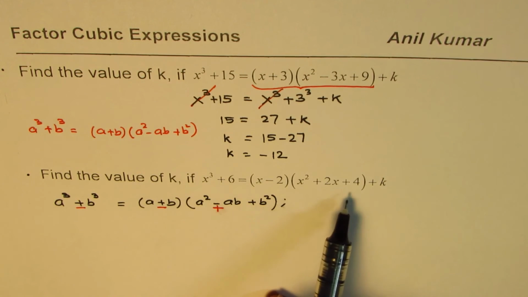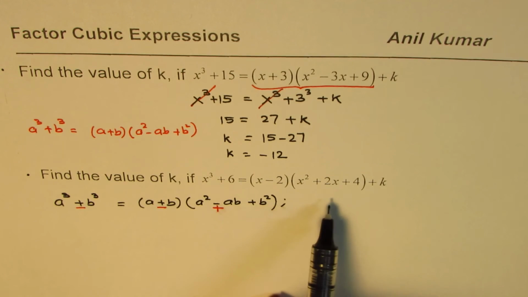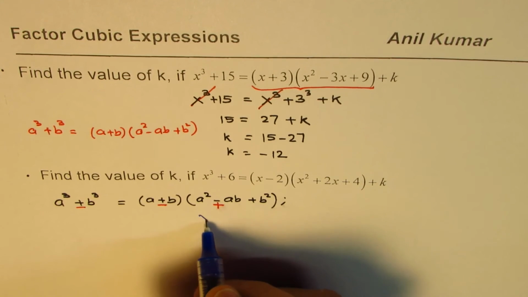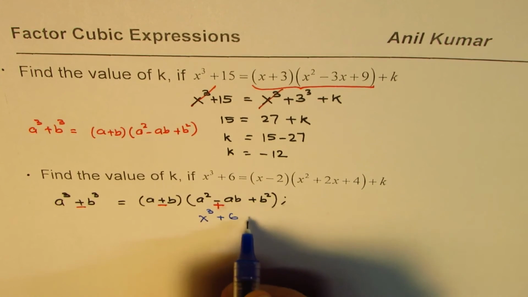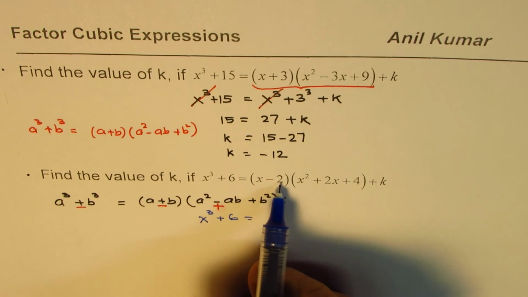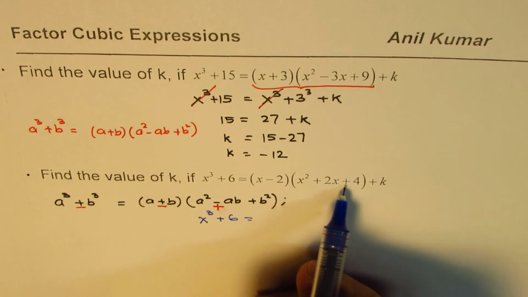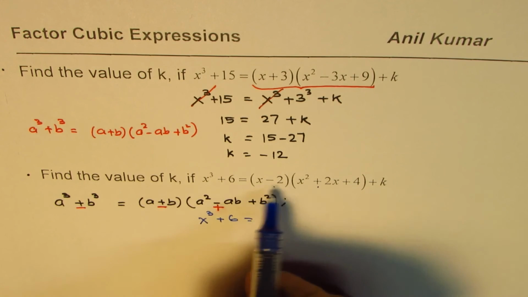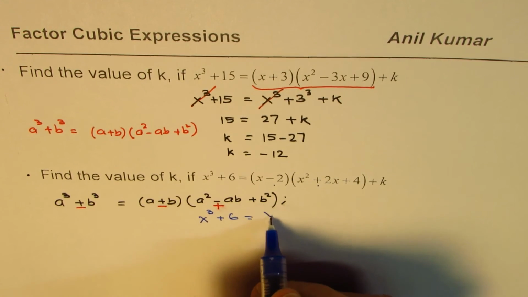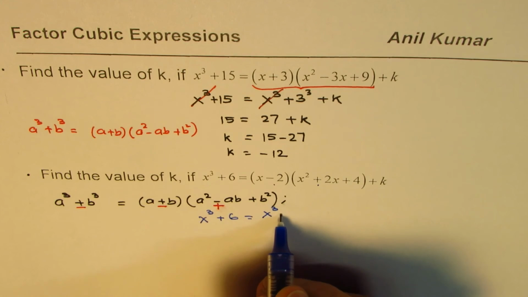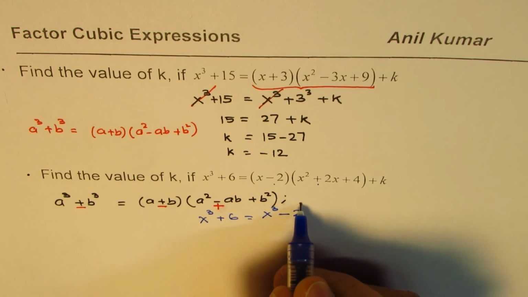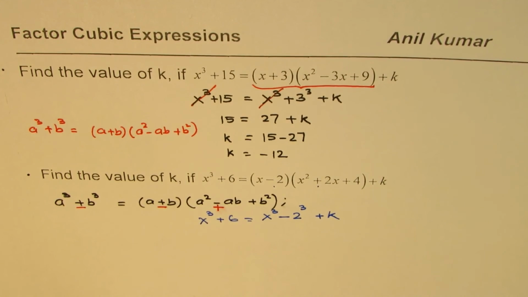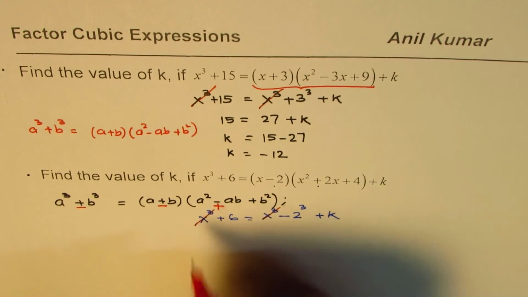Now this one is exactly the same. You can pause the video and answer this question. To begin with, on the left side, we have x cubed plus 6, which equals x minus 2 times x squared plus 2x plus 4, plus k. When you multiply these to expand and simplify, you will get x cubed minus 2 cubed, plus k here. x cubed and x cubed cancel out, right?